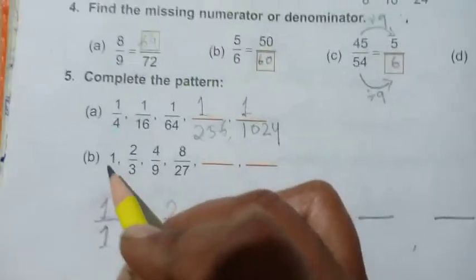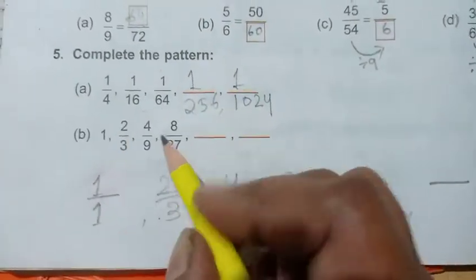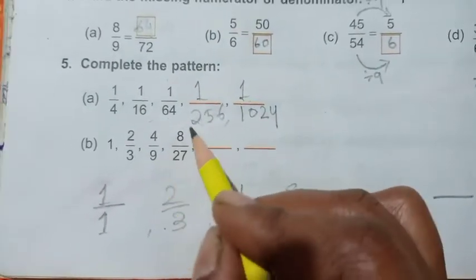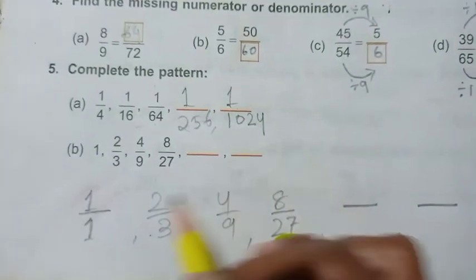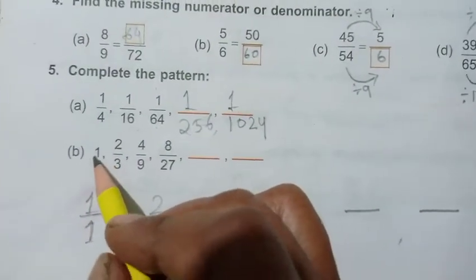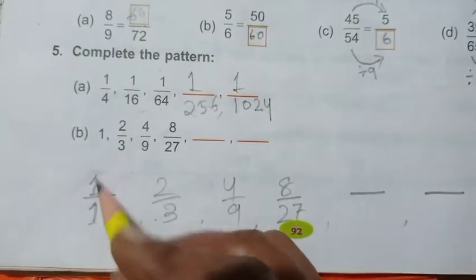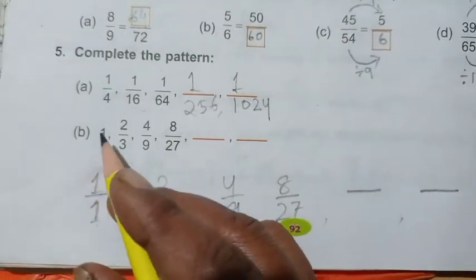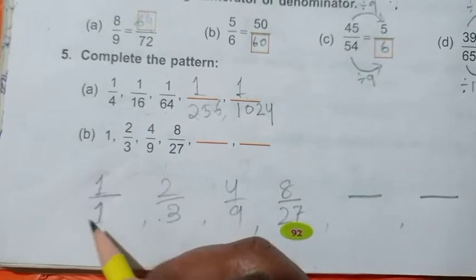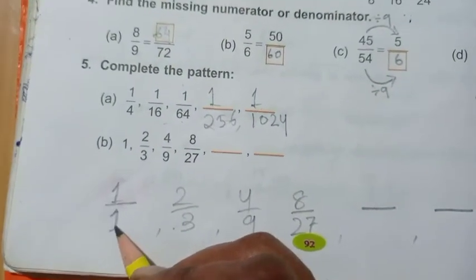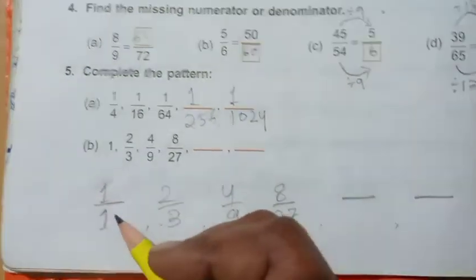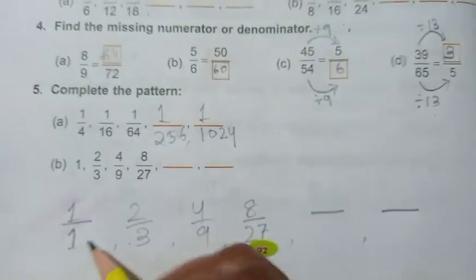Let's see the next number. This is 1, 2 by 3, 4 by 9, 8 by 27. How to do it? This 1 is given here. I can write it in this form, 1 by 1. I have written the whole number as a fraction like this so that it will be easier for you to understand.